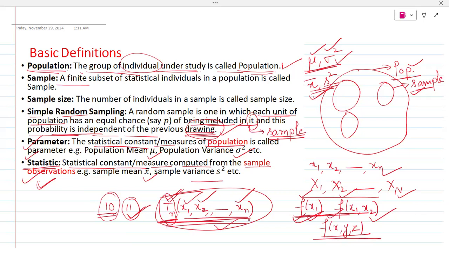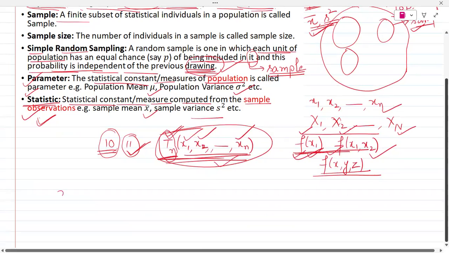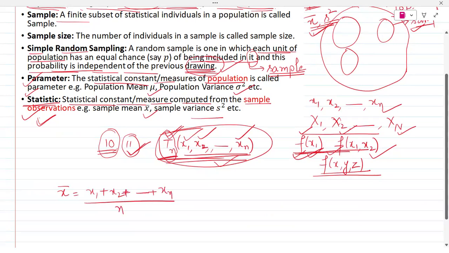Now obviously, x bar and small s square. The sample mean is x1 plus x2 plus ... xn by n. Obviously, this sample mean's value depends upon what? The xi's, the sample observations. In other words, this sample mean is a function of these sample observations.